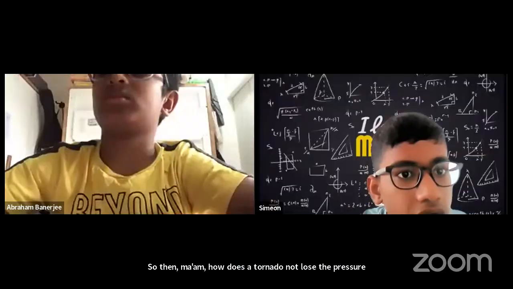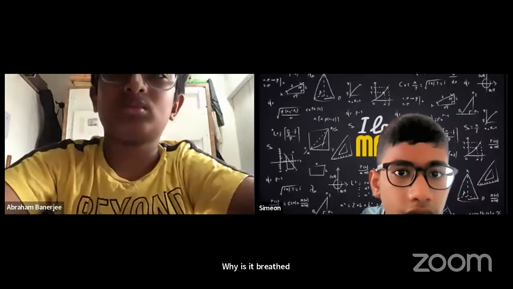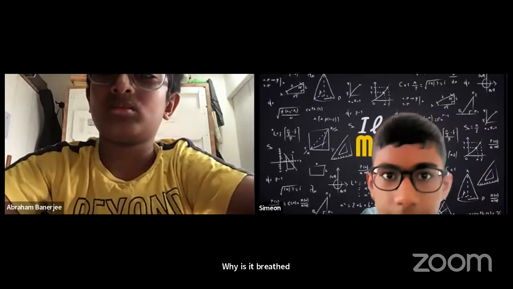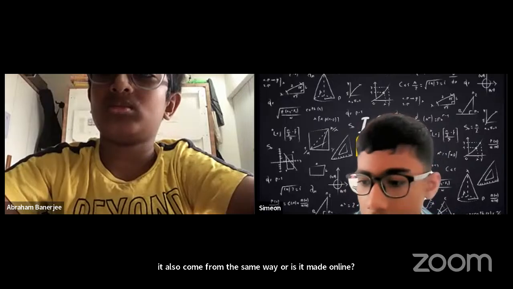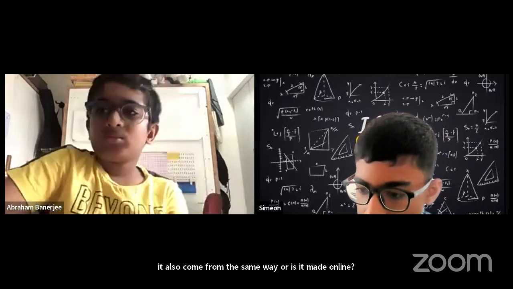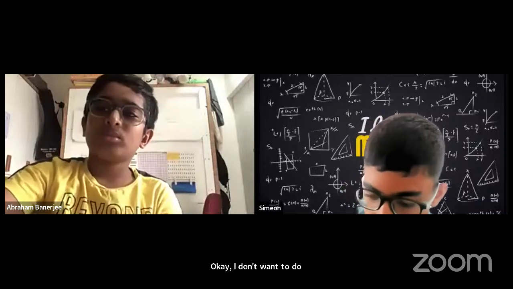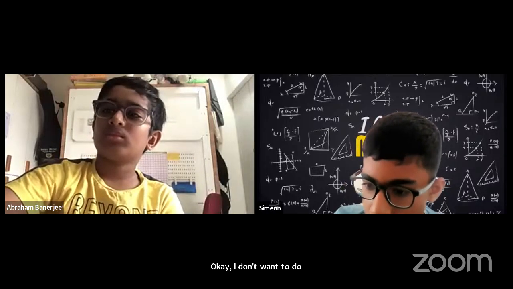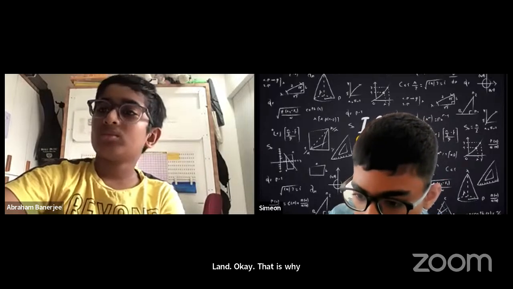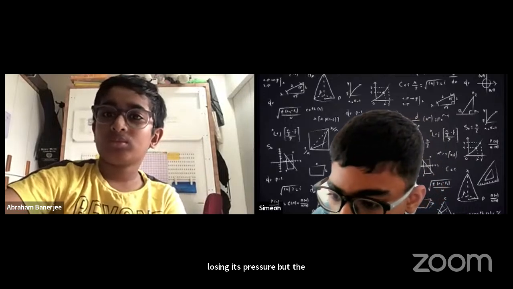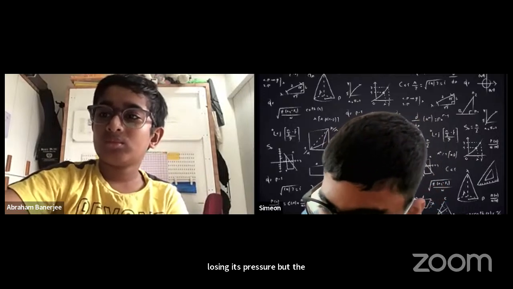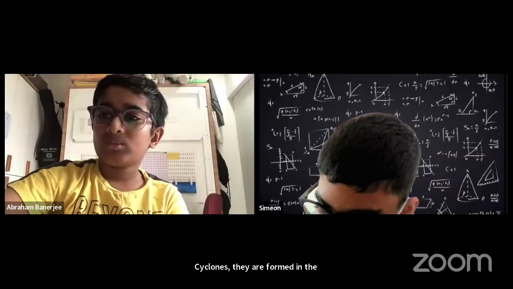Does it also come from the sea only, or is it made on land? A tornado is made on land. That is why it doesn't lose its pressure, but the cyclones are formed in the sea. That is why they lose pressure.